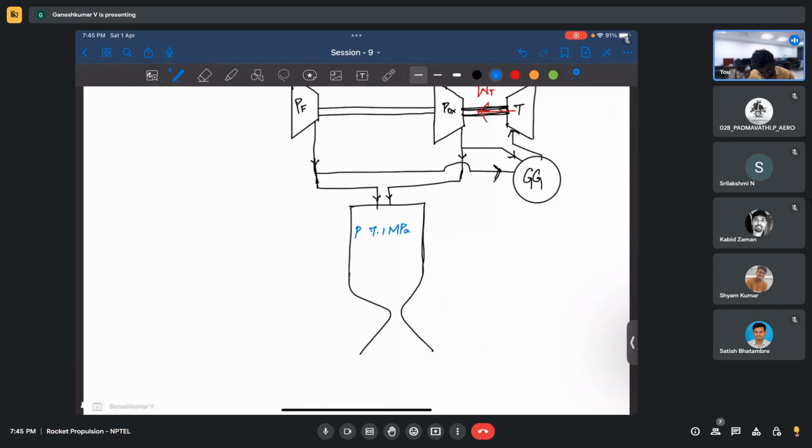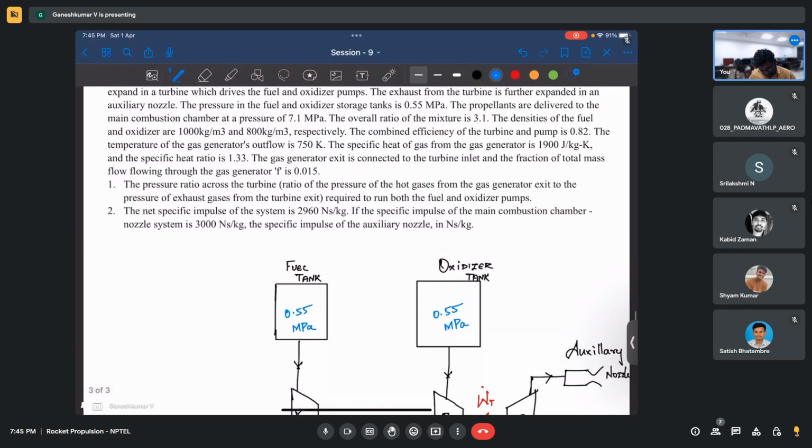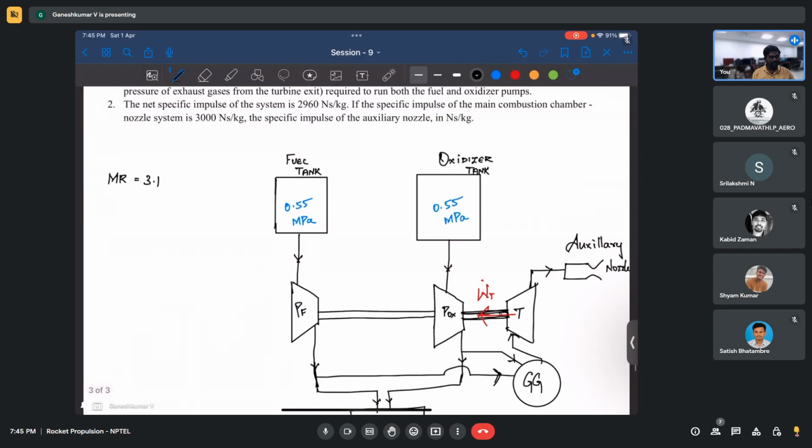You can write it as PC or something. Okay, and the overall mixture ratio is given, which is 3.1. Let's write it out. Mixture ratio is 3.1. The overall ratio of mixture, not the supply mixture ratio.